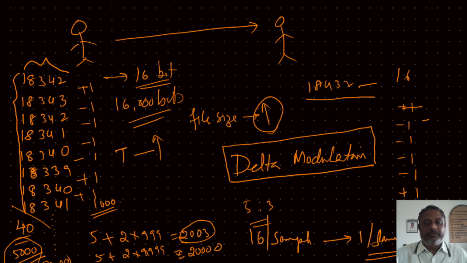Whatever be the size of quantization, where it is 5 digits, you are talking of 1 bit. If it is 100 digits, then also you are talking of 1 bit only. So now the number of quantization levels doesn't make much difference, as long as your data is changing only one quantization level each sample.